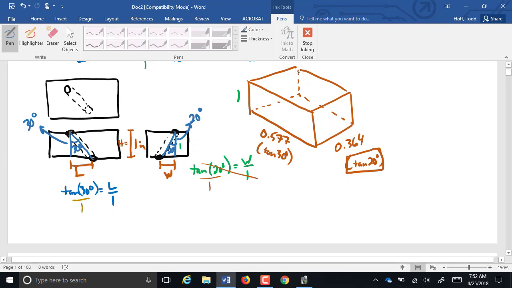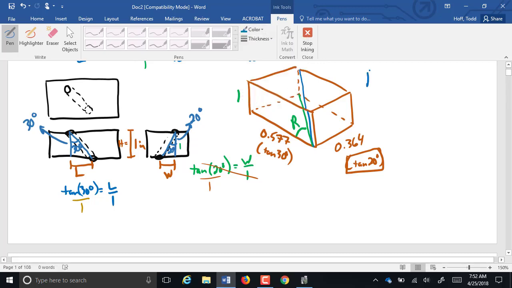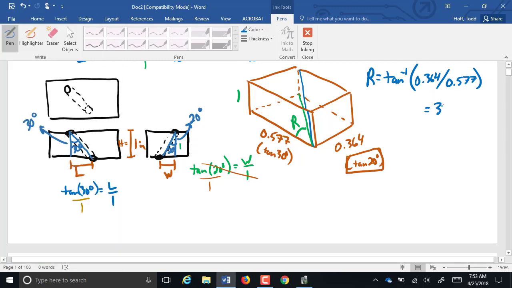So let's find R here. What's R going to be? It's the inverse tangent of 0.364 over 0.577. Sounds about right. 32.25 is correct.